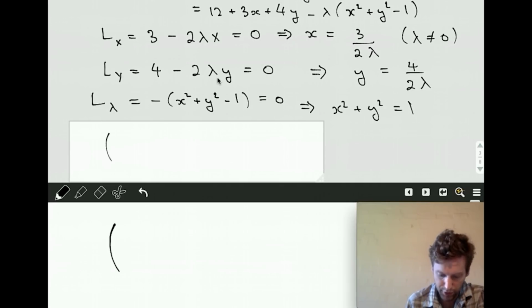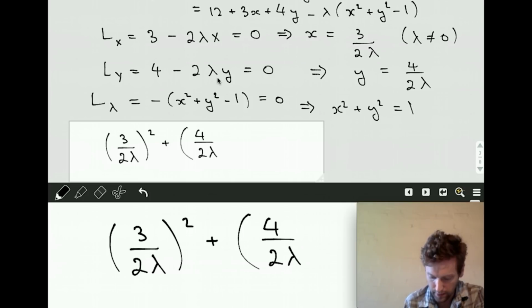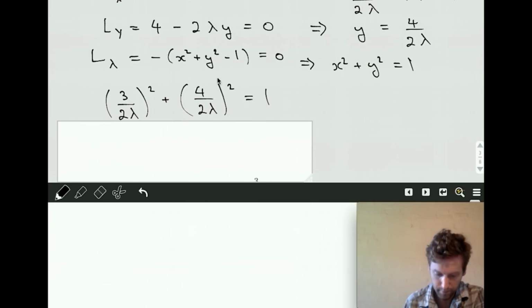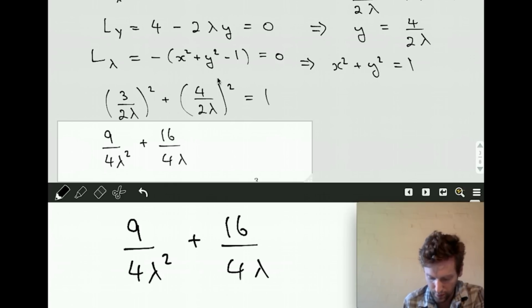So x was equal to 3 over 2 lambda, y was equal to 4 over 2 lambda, and x squared plus y squared is equal to 1. So (3 over 2 lambda) squared is 9 over 4 lambda squared, plus 16 over 4 lambda squared.